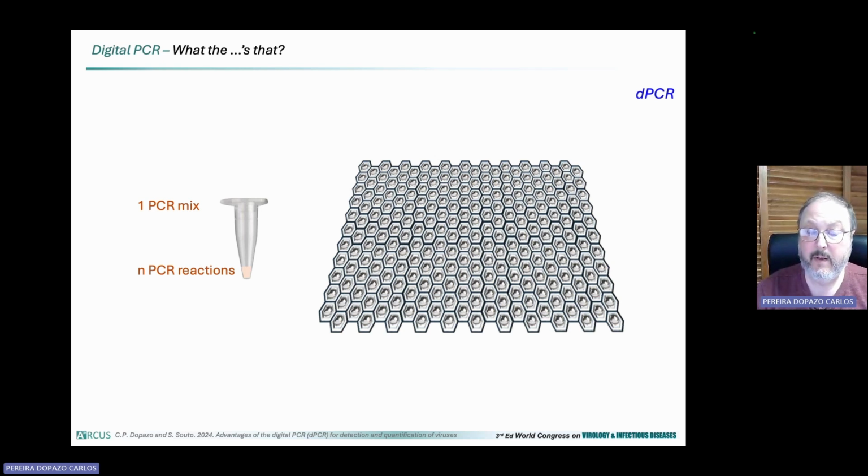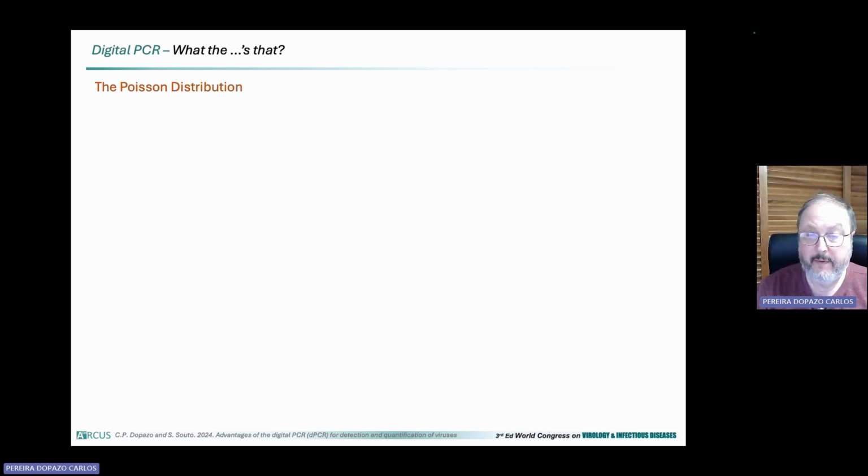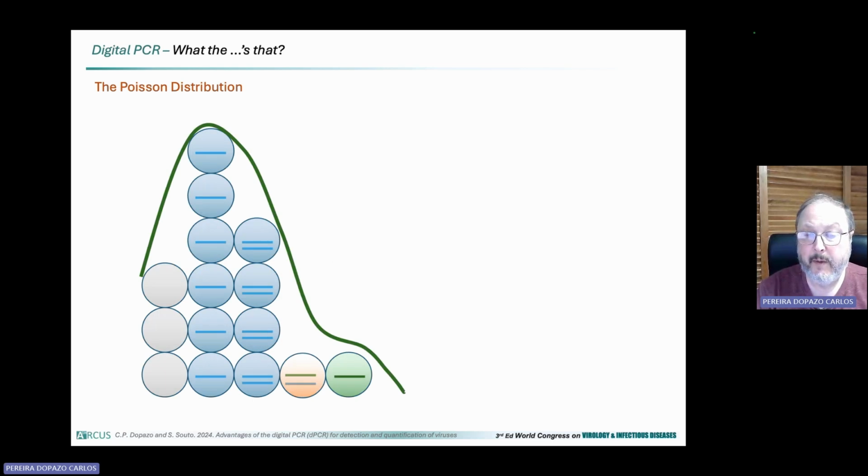Each drop must have one or no more than two templates, or of course, no template. And so we can ensure that the distribution of the population of templates follows a Poisson distribution.